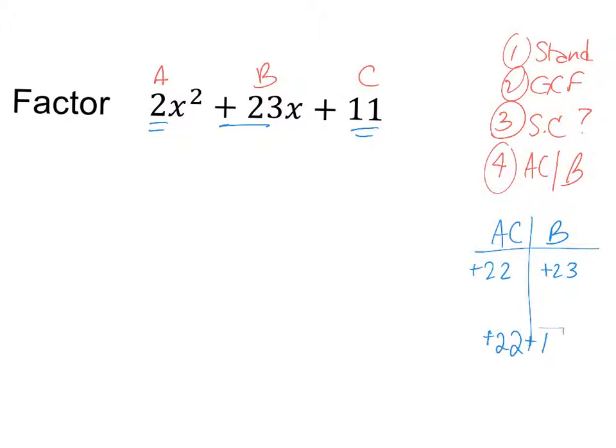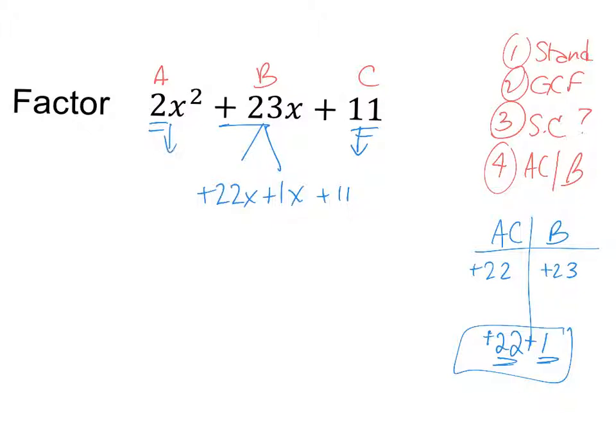Now remember that these are the expansion of the middle term: plus 22x plus 1x. So 22 and 1 go in the middle. Then you carry down the other two, and now what you have is a 4-term polynomial, which means you need to group and factor.